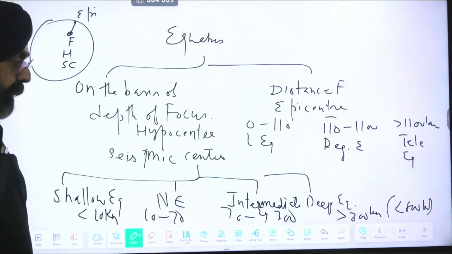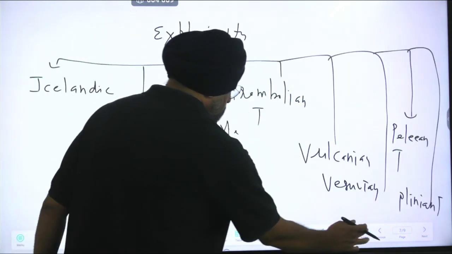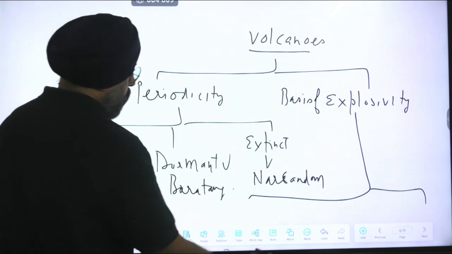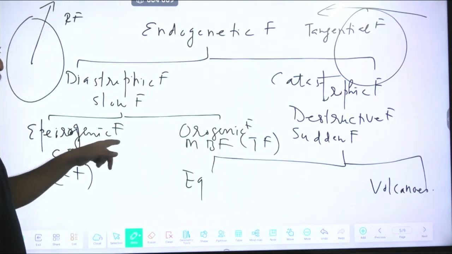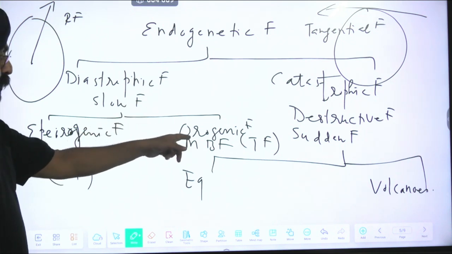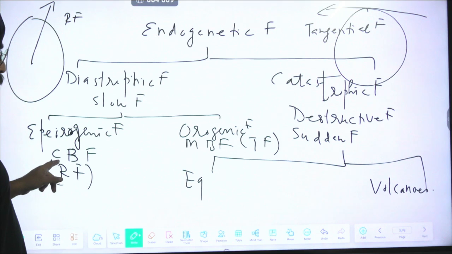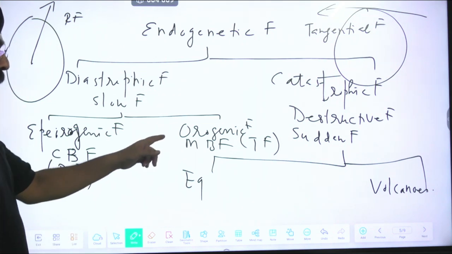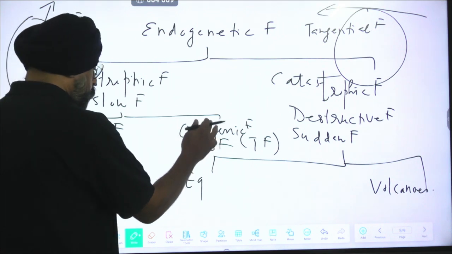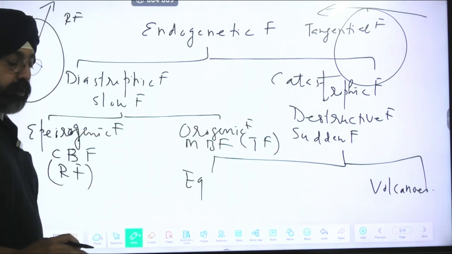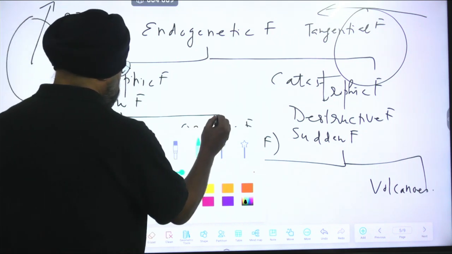Now let's come back. पीछे देखिए अब हमने कहां पर पहुंचना है. We have to see the diastrophic forces, orogenic and epeirogenic, mountain building and continental building. You divide the orogenic mountain building into 2 parts and epeirogenic into 2 parts.